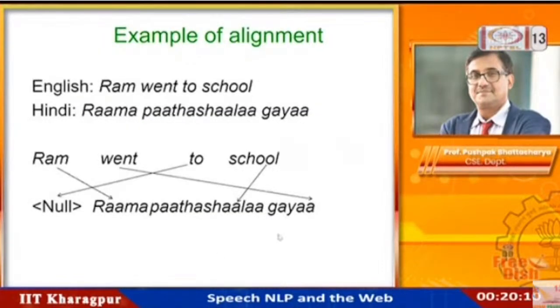So if I create a vector for Hindi, then A1 will be 1, A2 will be 4, A3 will be 2, and that's all. This is if I run the aligner on the Hindi side.